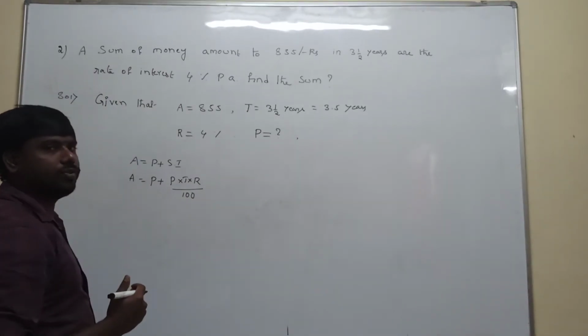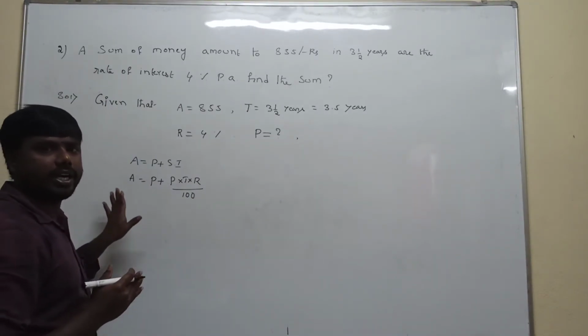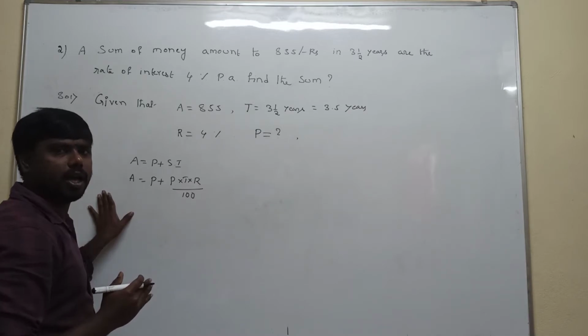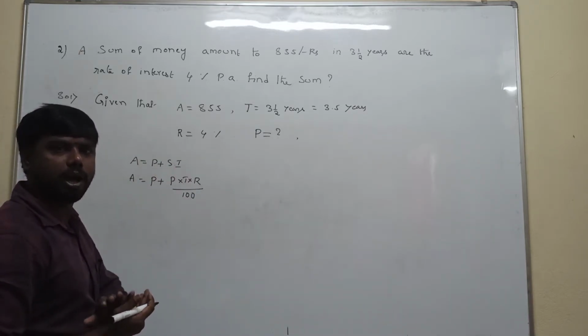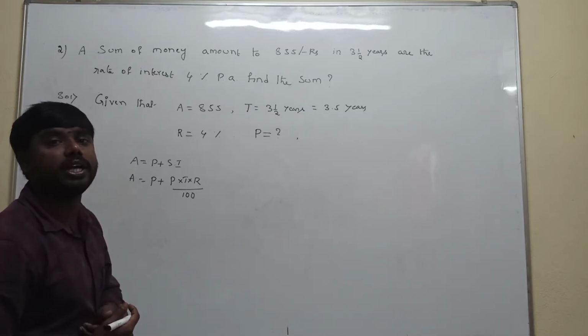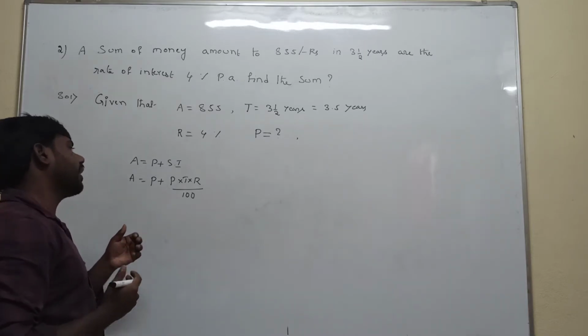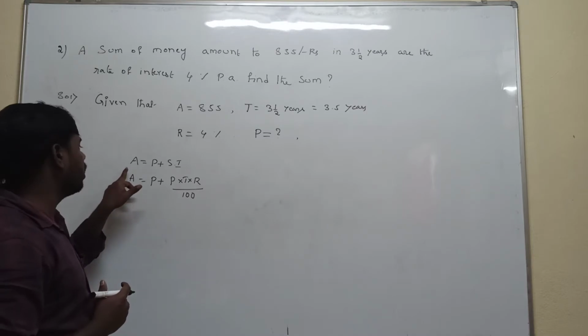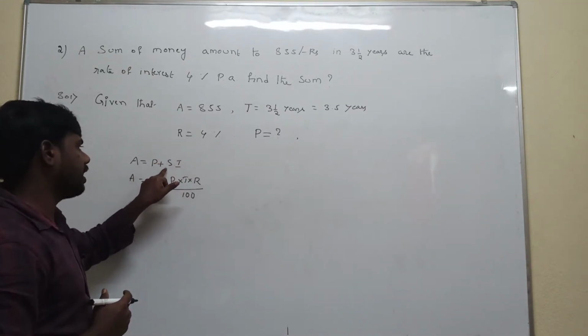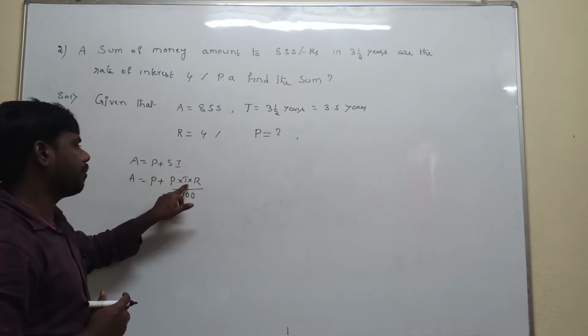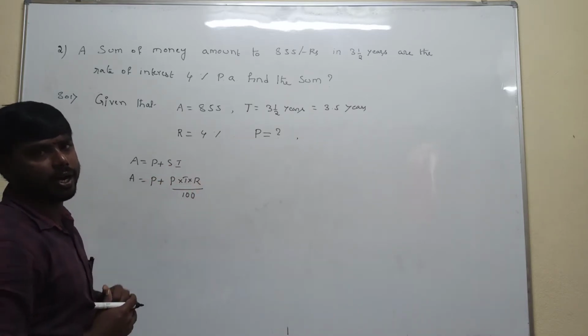In the previous question we separately found the simple interest value, after that we took the simple interest formula and substituted the simple interest value. But here we are directly taking the amount formula, and after that we replace simple interest with the formula PTR by 100.